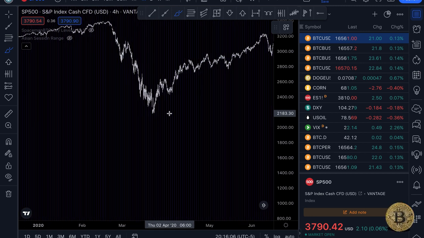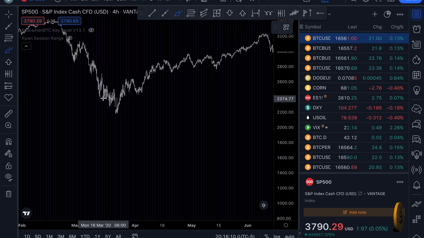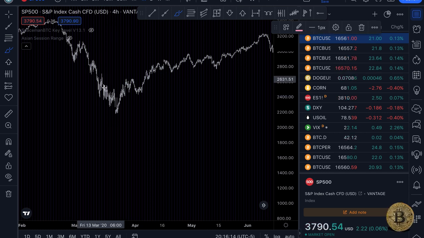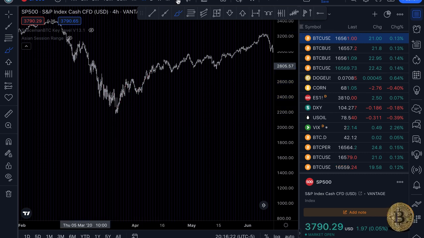So if we zoom in on the 4 hour here, you can see that there's this pretty obvious looking head and shoulders right here. Inverse head and shoulders, of course. It's just an upside down one. So something like that we can use to draw a ray.